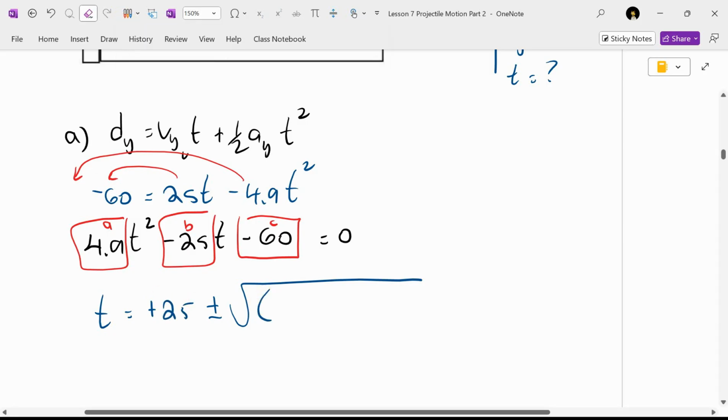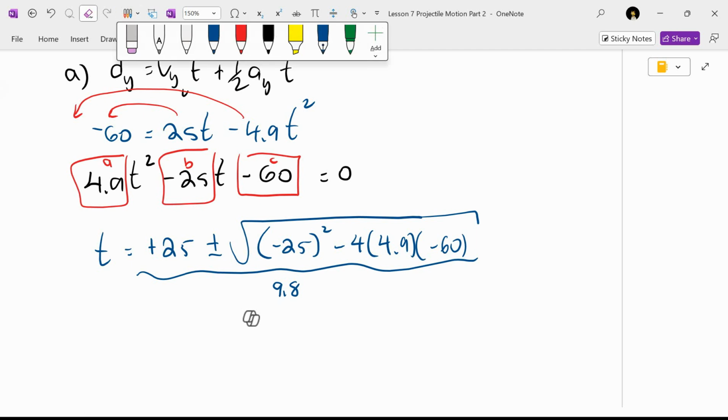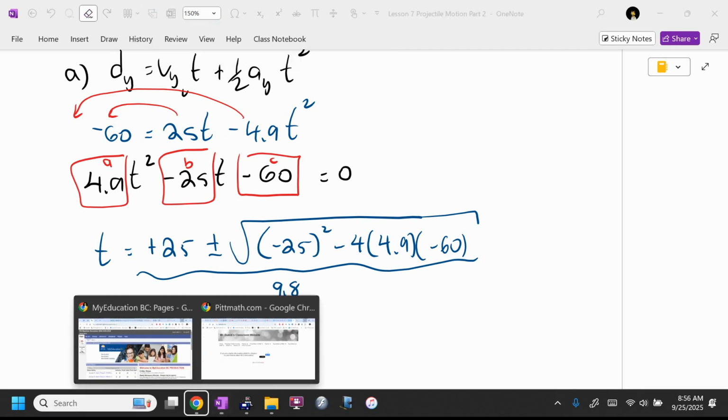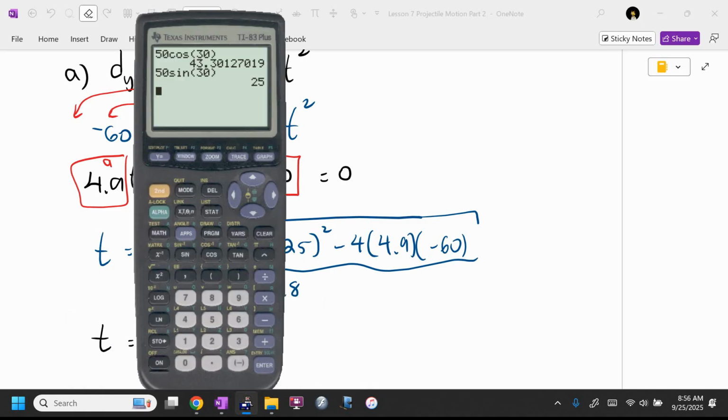Plus or minus the square root of b squared, negative 25 squared, minus 4 times 4.9 times negative 60, all over 9.8, 2a. And I'm going to carry my time value probably also to 5 sig figs because I'm going to use it.